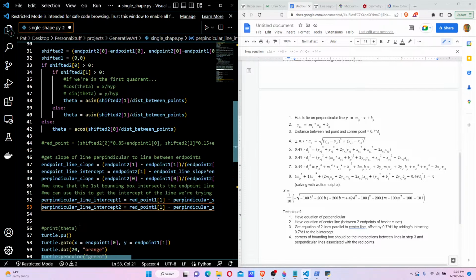So I have two lines. I have the perpendicular line intercepts. I have the perpendicular line slopes. Okay.